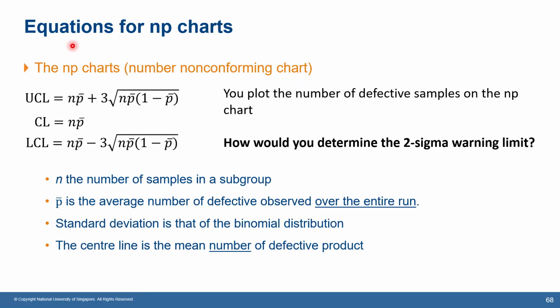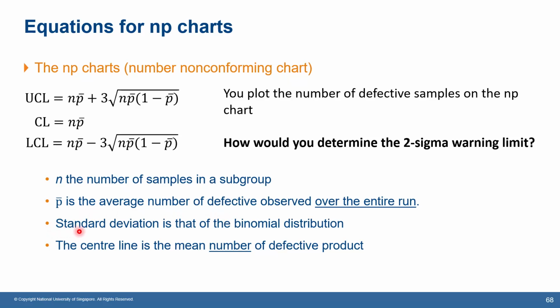So these are the equations that we use for the NP charts. This is the equation for the upper control limit and the lower control limit. N is basically the number of samples in each subgroup, and P bar is basically the average proportion of defects observed over the entire run.